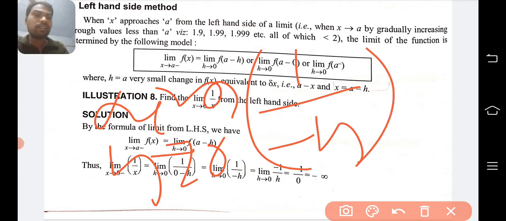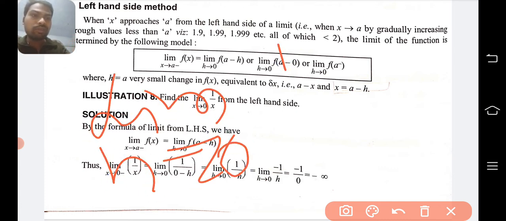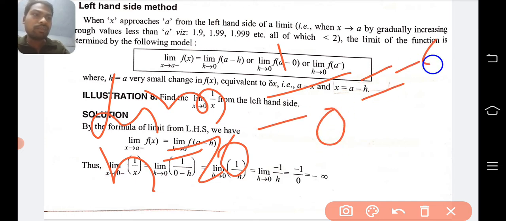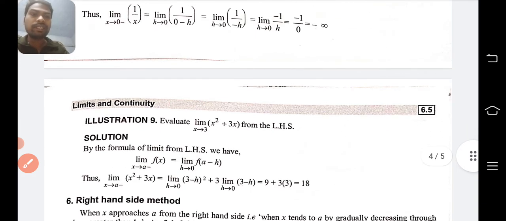Clear? Okay, then if you put h tends to 0, 1 divided by minus 0, this would be minus infinity. It means that the left hand side limit would be minus infinity. Clear? So in this way we calculate the left hand side limit.